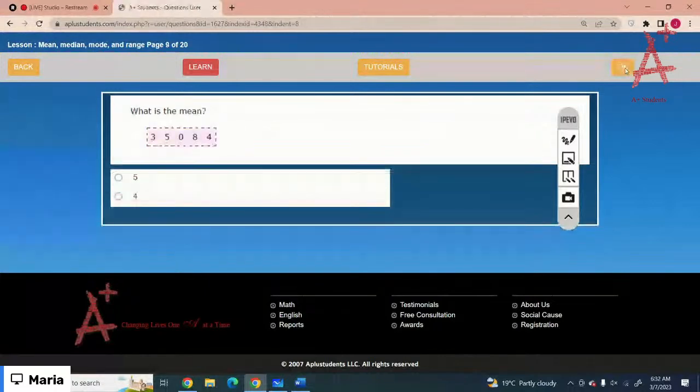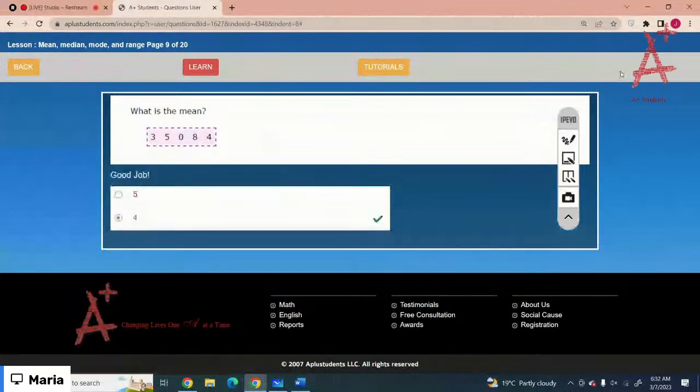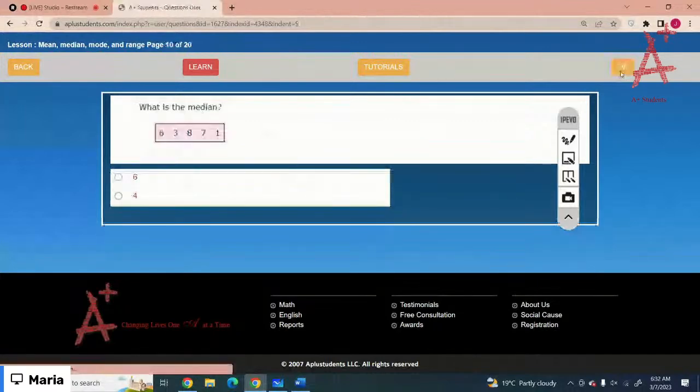What is the mean of the data? You have to add them. 13, 14, 15, 16, 18, 19, 20. 20 divided by 5 is 4. The mean of the data is 4. What is the median?